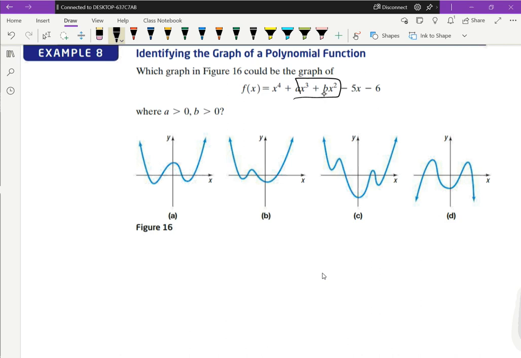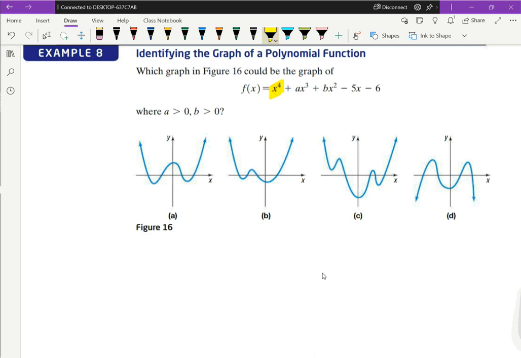But we do know some other interesting characteristics. This graph overall is going to function like x to the fourth. As far as the end behaviors, it's going to act like an even-powered function with a positive leading coefficient.